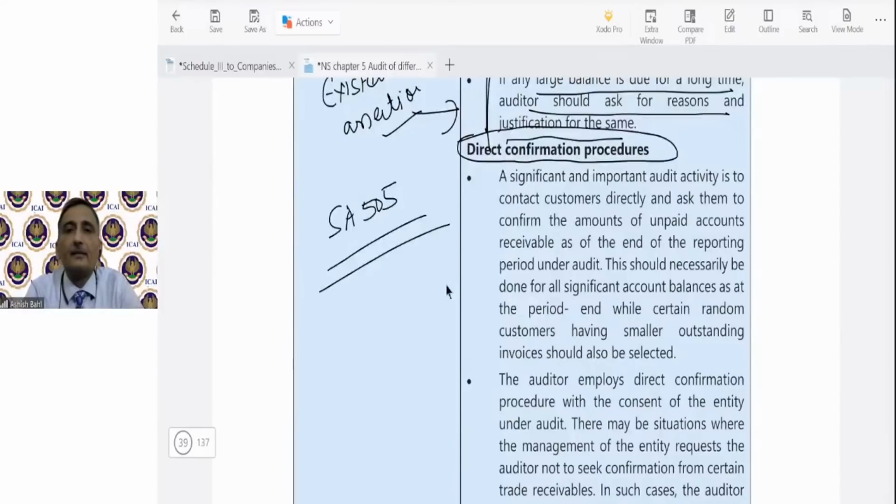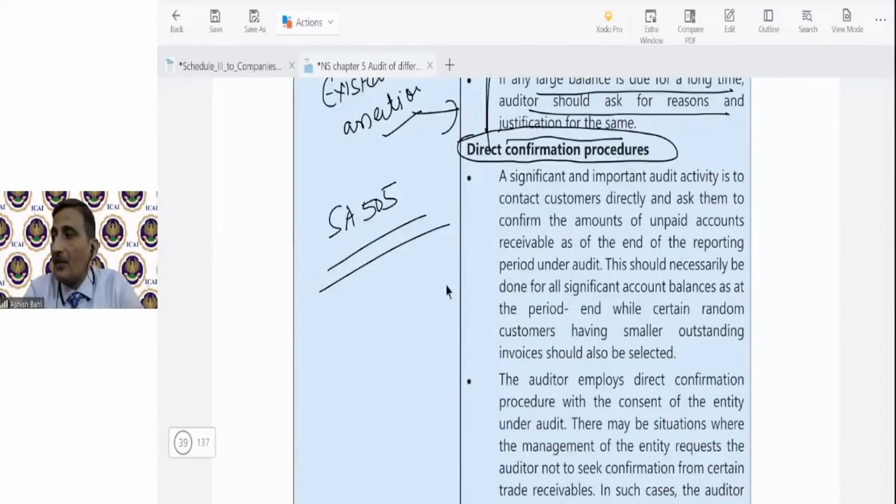Any answers? When the auditor sends a confirmation request to a debtor, to a trade receivable, and say a response is also received from the confirming party, then which type of assertion is the auditor trying to test?